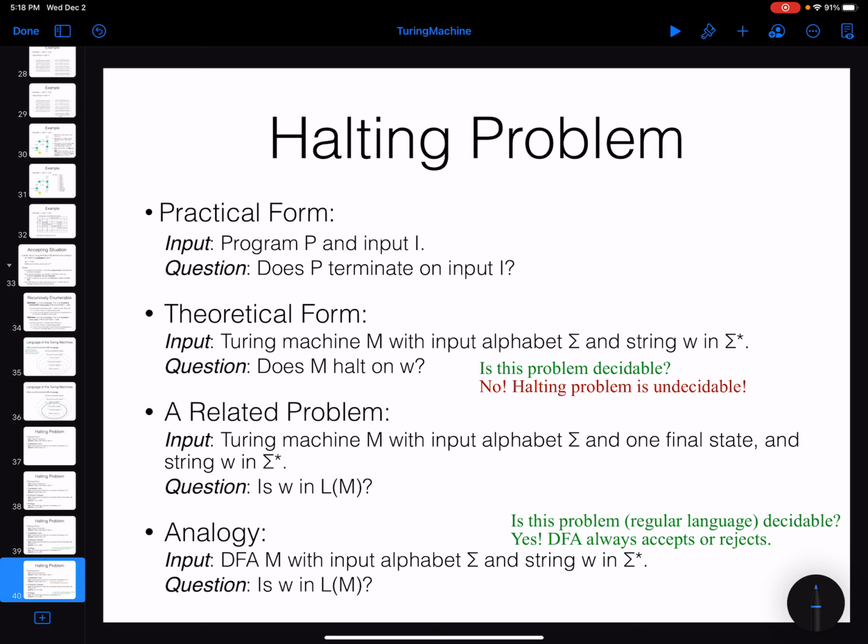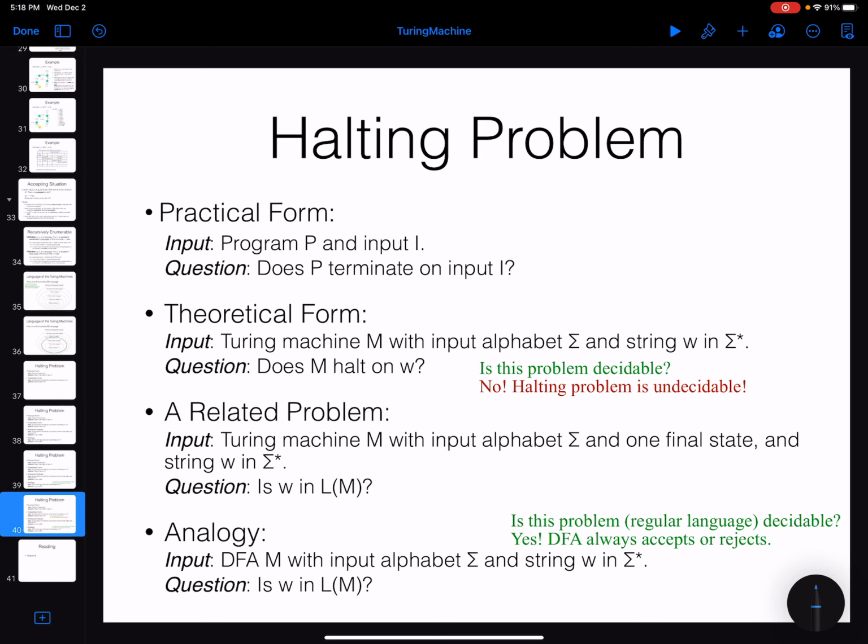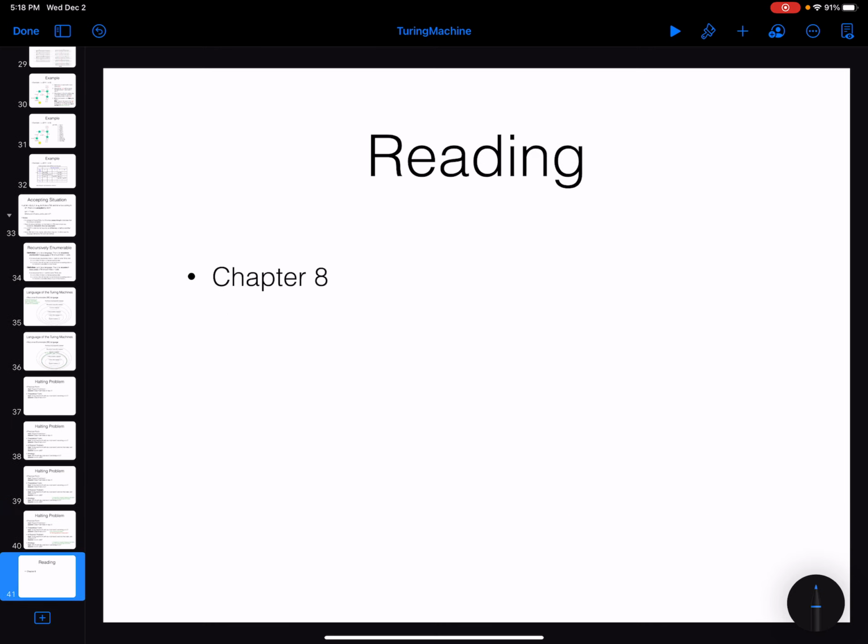But if the language is recursively enumerable but not recursive, the halting problem is going to be undecidable. So this is going to basically cover chapter 8. I tried to briefly talk about some concepts of decidability from chapter 9 as well, but we didn't cover chapter 9 in this course.